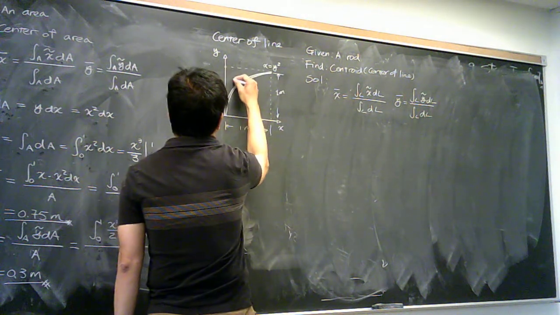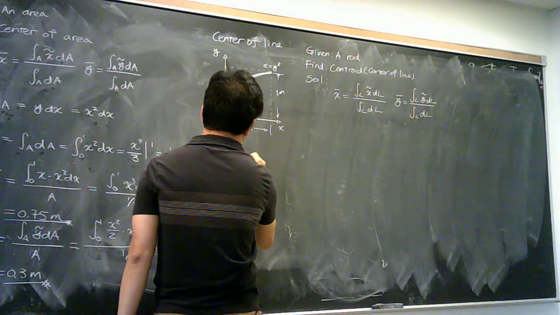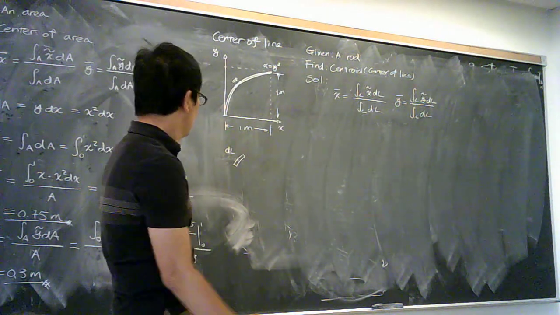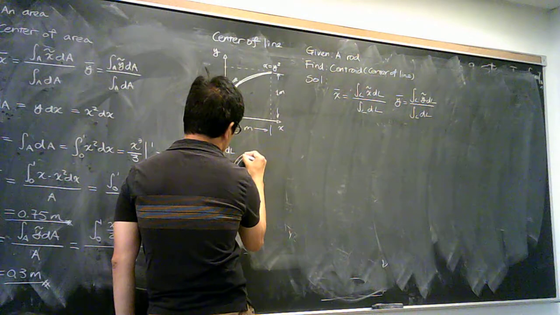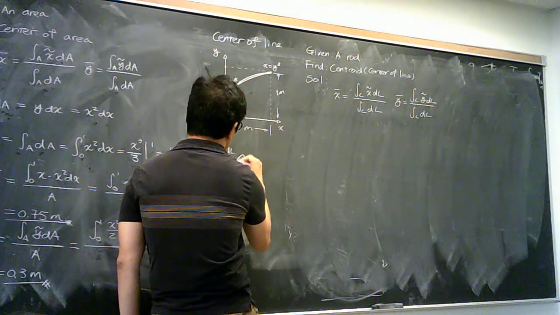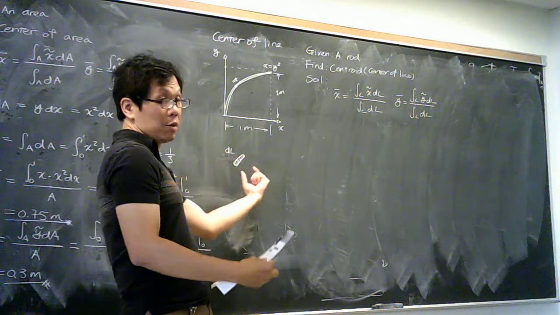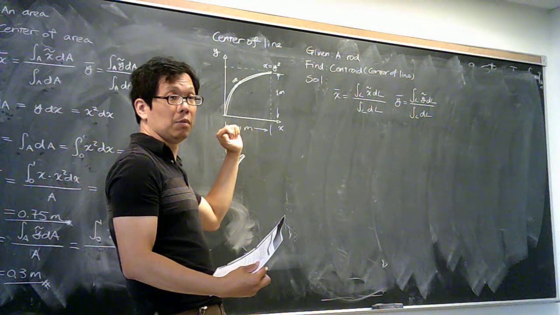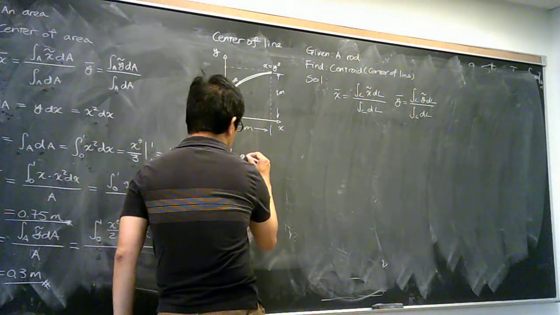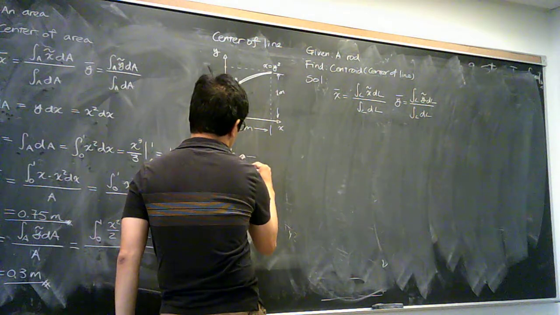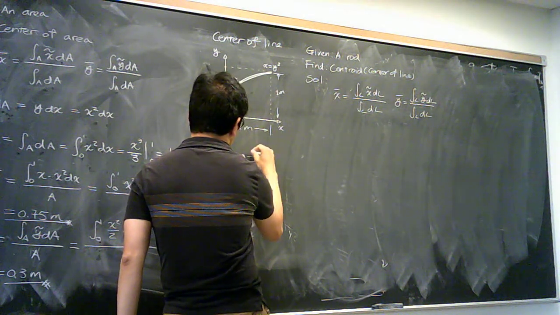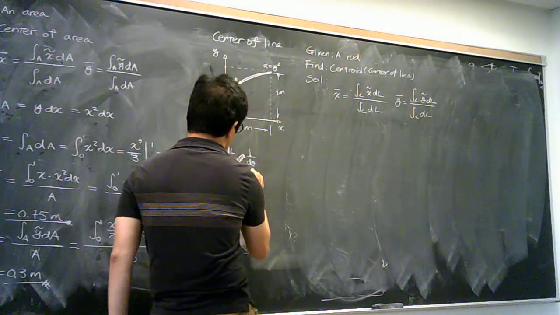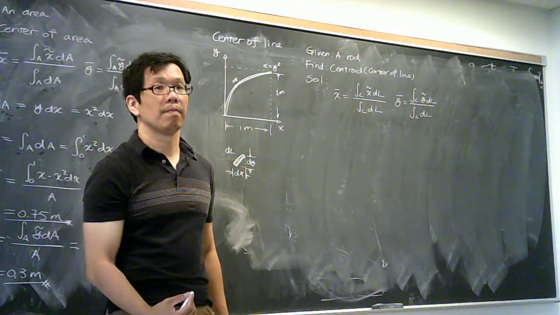Let's say this is my dL. Let's type it over here. This is my dL. So if you project this part, in this case, if it's small enough, this becomes linear or just a slope. It's no longer a curve. Everybody agree with me? So if that's the case, we can project that into x direction and y direction. Over here, this is dy. Over here, this is dx. Agree?